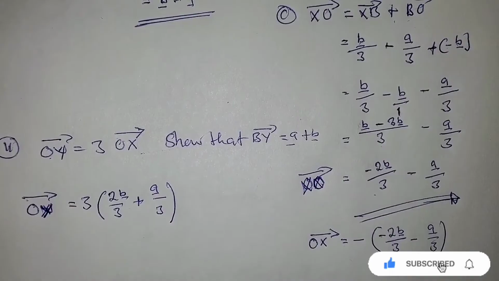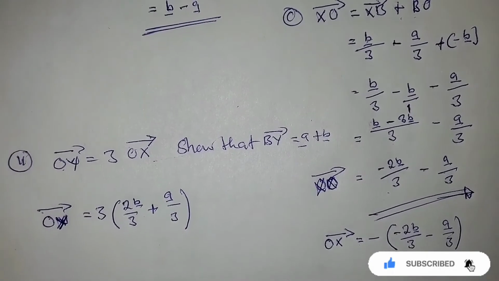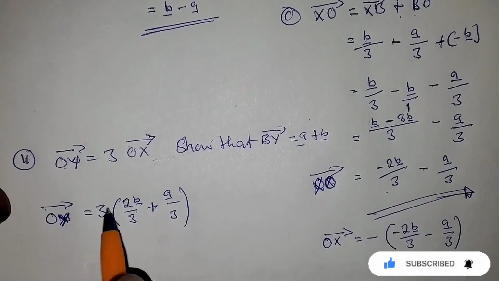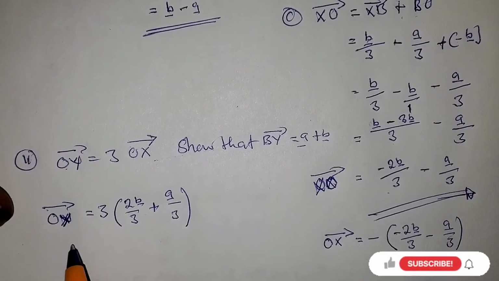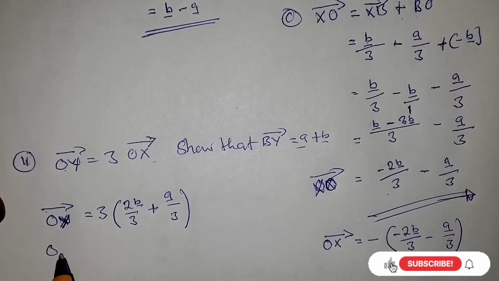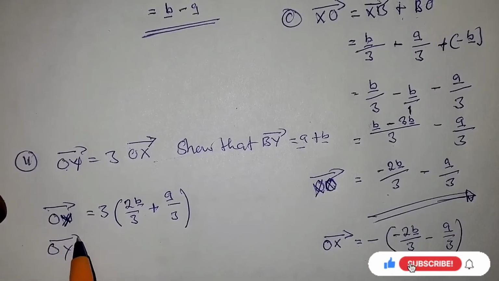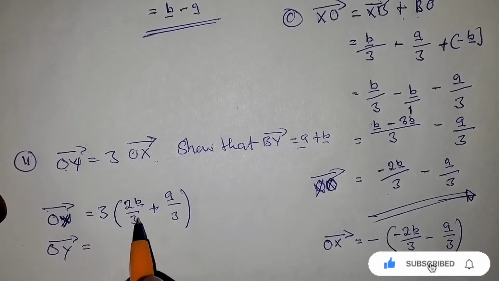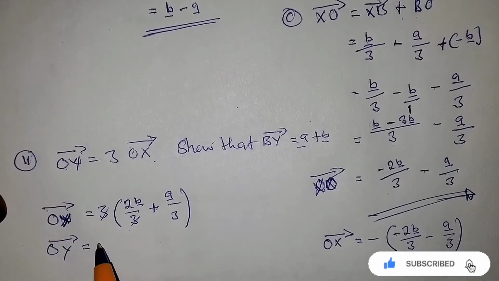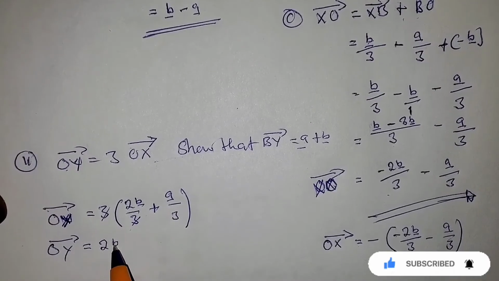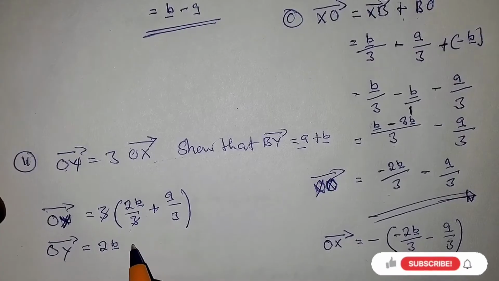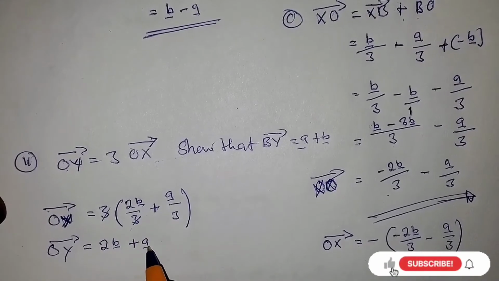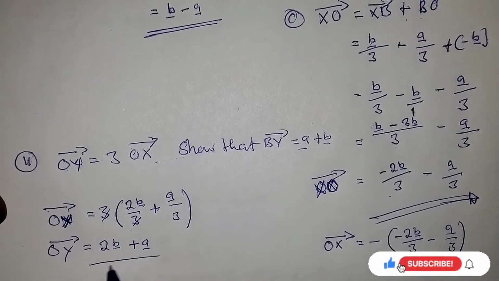Let's proceed. Now, since every term here has a fraction, we can simply say vector OY is equal to 3 times this. This 3 and this 3 will cancel, remaining with 2 vector B. This 3 and this 3 will also cancel, and we will remain with just the vector A. So this is the first part.